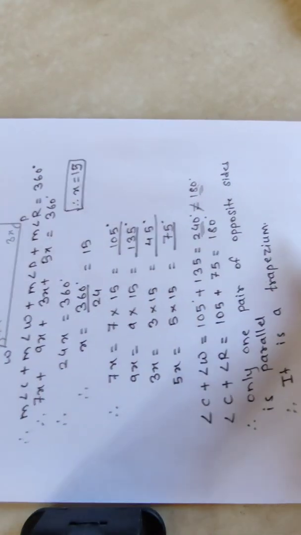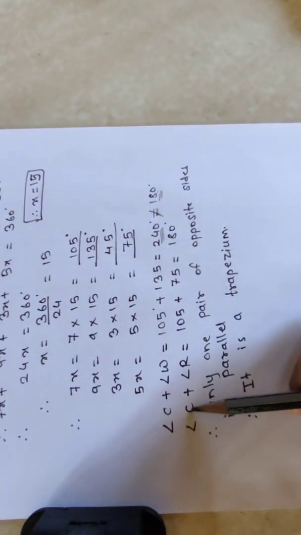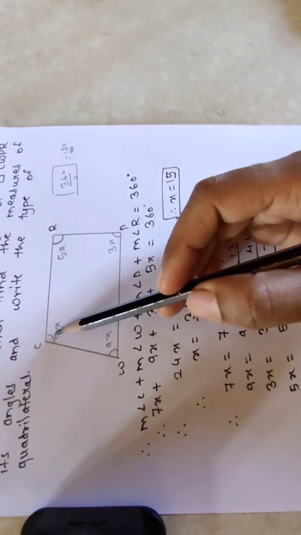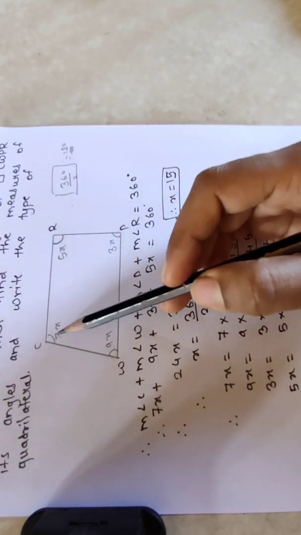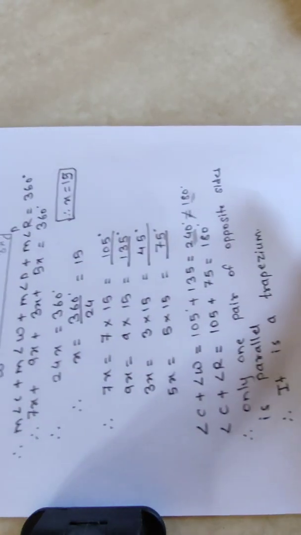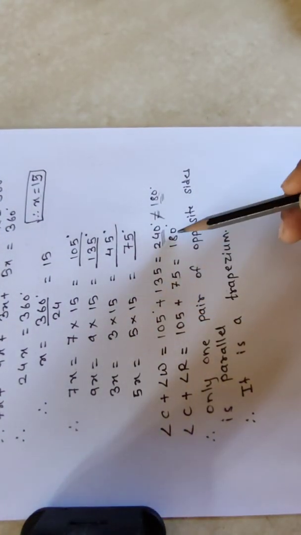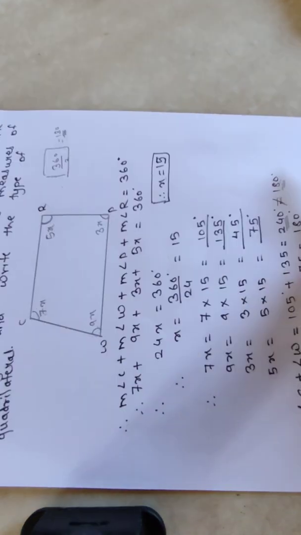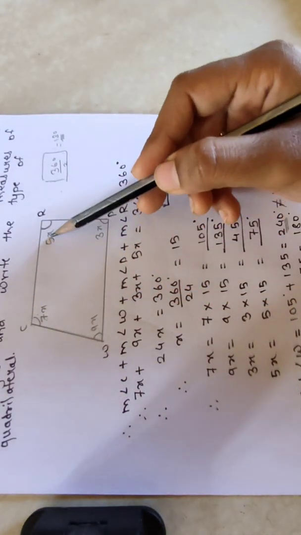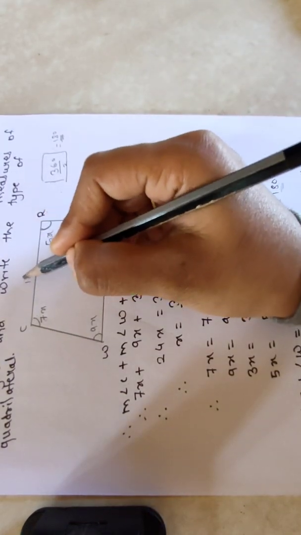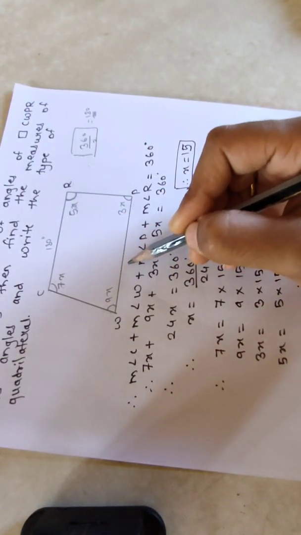We'll consider the second pair now. Let's consider C and R. Here, C and R: 7x plus 5x is equal to 105 plus 75, that is 180 degrees. If 7x plus 5x is 180, then this also will be 180.